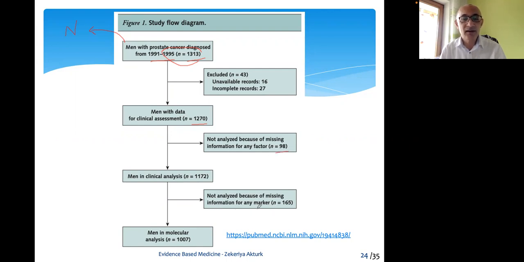And at the end, they analyzed 1,007. So out of 1,300, approximately 300 were dropouts or losses, people who could not be included in the analysis.